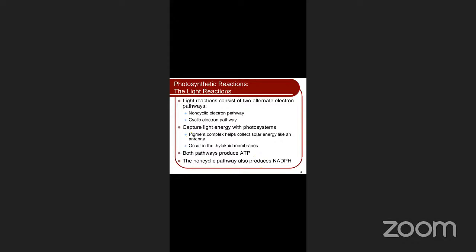Robert Emerson and his research group worked on this enhancement effect in Chlorella. They found that when wavelengths longer than 680 nanometers were applied, the photosynthetic rate decreased. That stage we call the red drop.